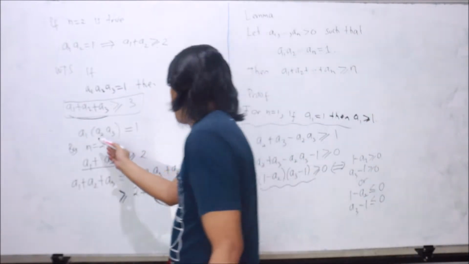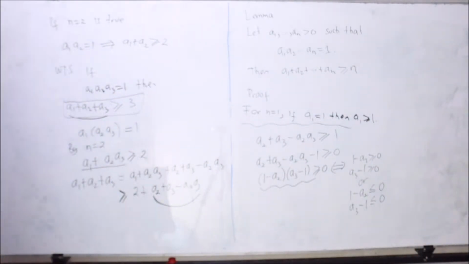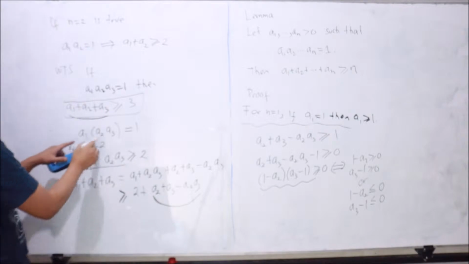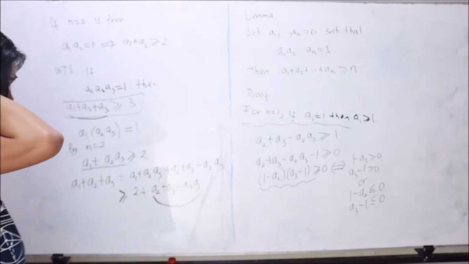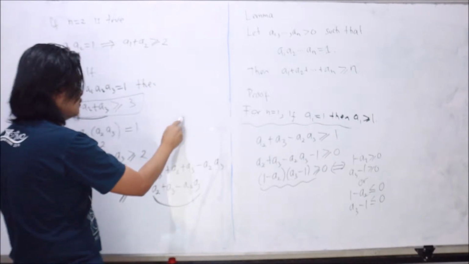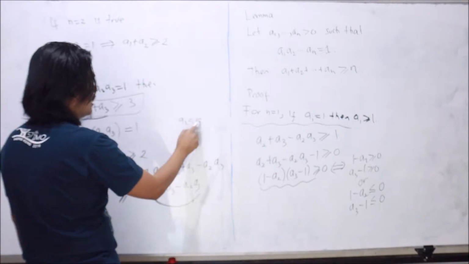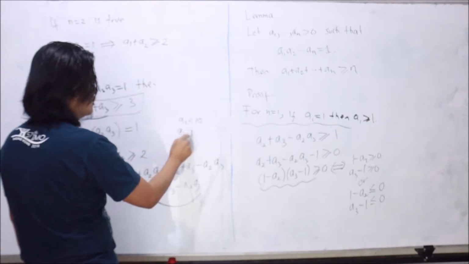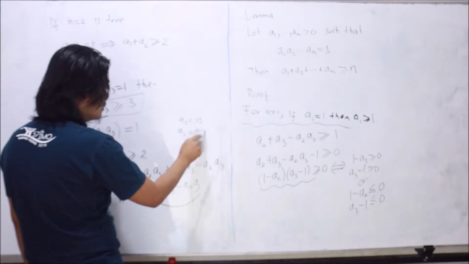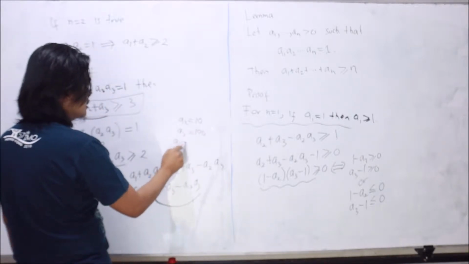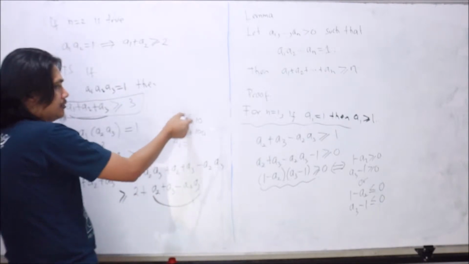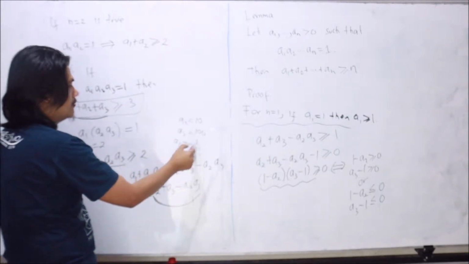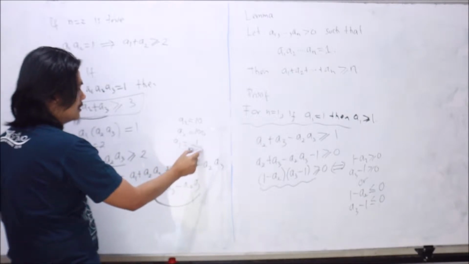So let's say we have a product of three numbers. Well, a2 and a3 can be, for example, a2 can be 10, a3 can be 100, and then a1 is just the number so that if we multiply the three we get 1, so 1 over 10 times 100.